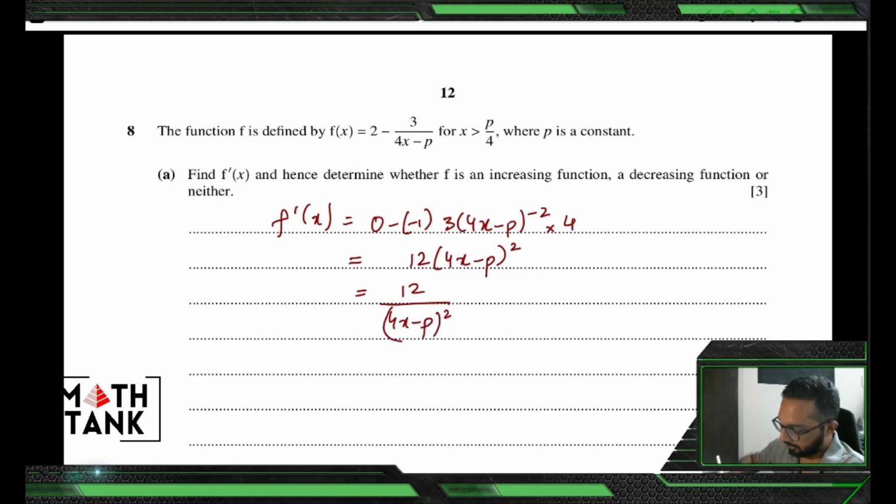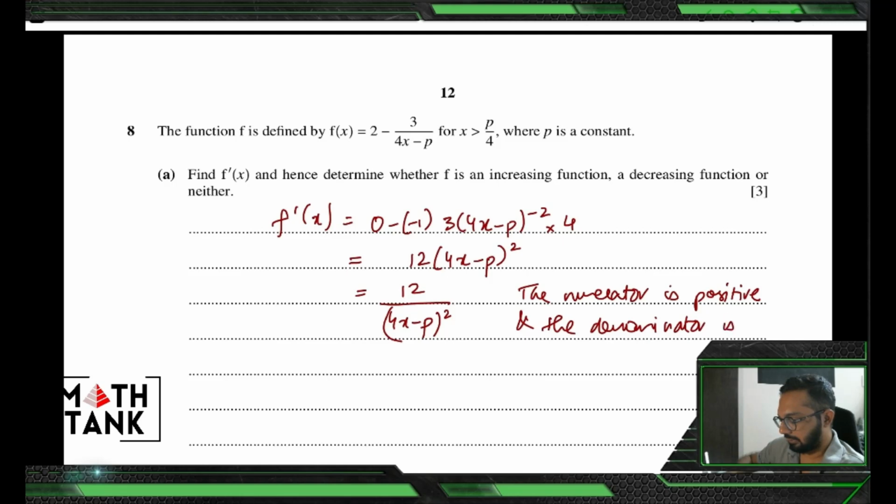So the numerator is positive and the denominator is also positive. Therefore, f bar of x is positive, and the function is an increasing function.